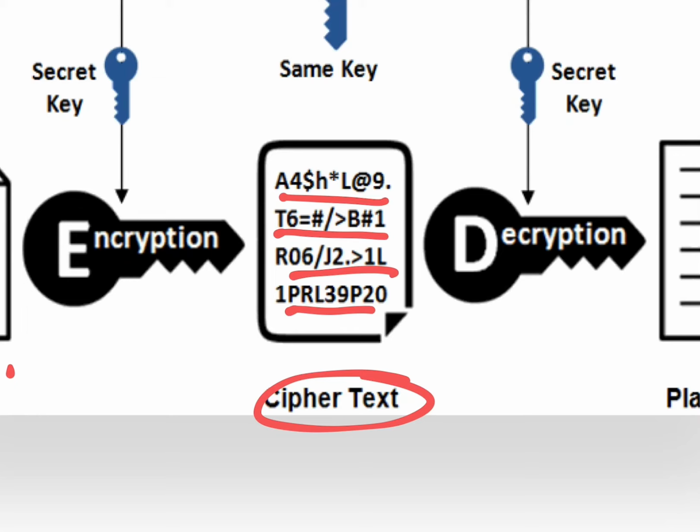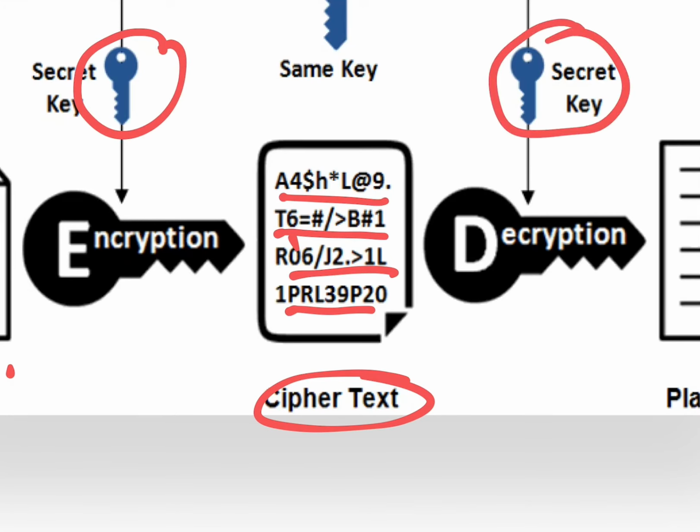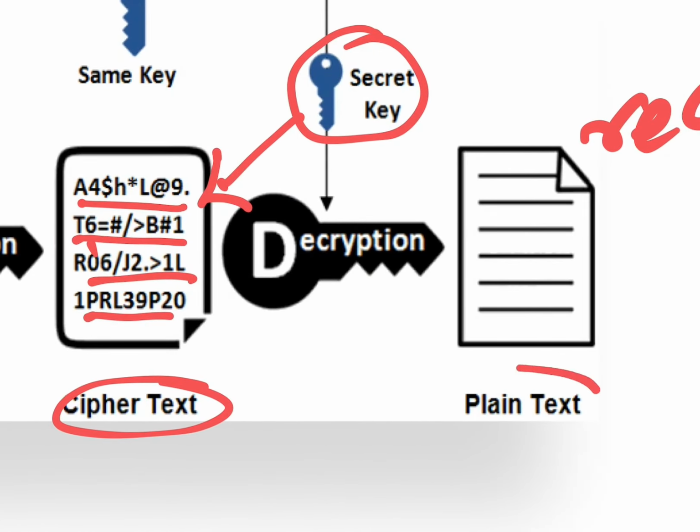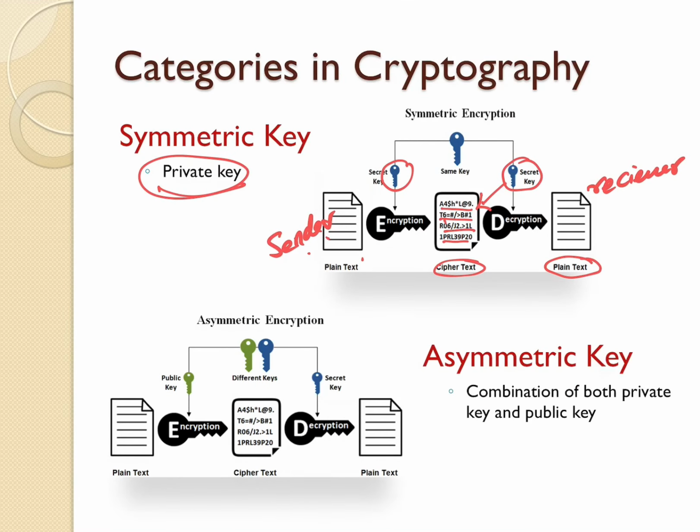Even hackers or attackers can't read this message. Now on the receiver side, we're using the same private key, the same secret key. Using this private key, we decrypt this message and receive the plain text. You understood? So this is symmetric key.